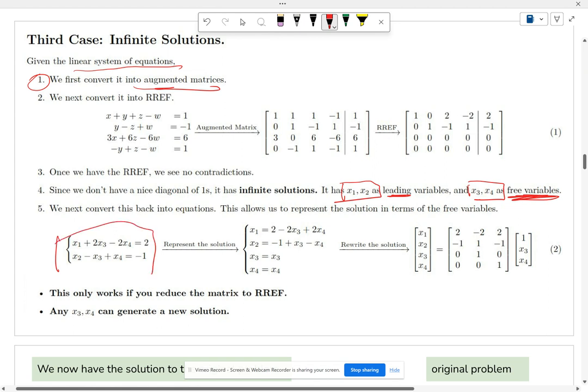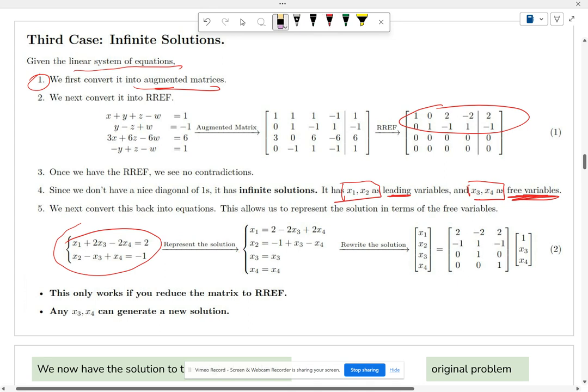Once you convert both equations here, what we want to do next is represent the solution. So this is the reduced row echelon form. We don't have the nice form, but we now have a way of representing an infinite number of solutions.